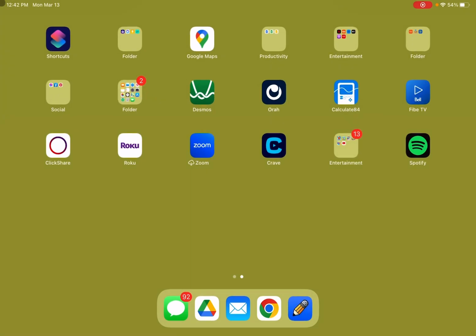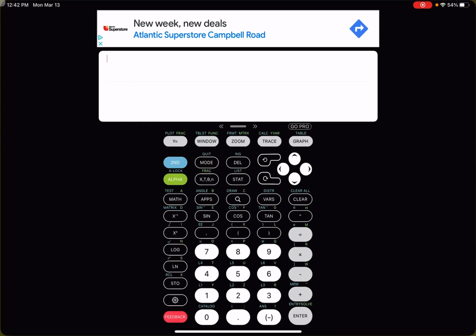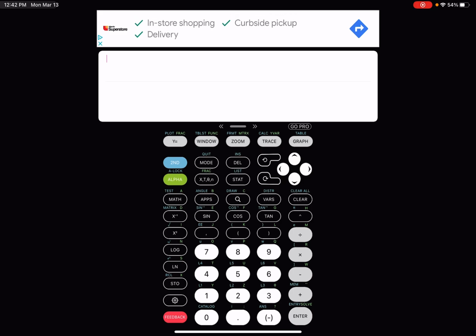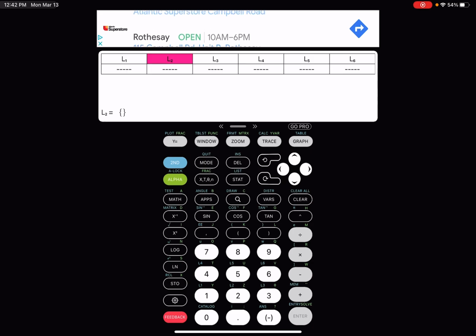So open your calculator. And remember, mine's going to look a little different than yours, but most of the functions are the same. So we're going to go to Stat, and then Edit. That's going to let us input some data into these two lists. So we have list 1, L1, and list 2, L2. We want to put all of our X values in L1.